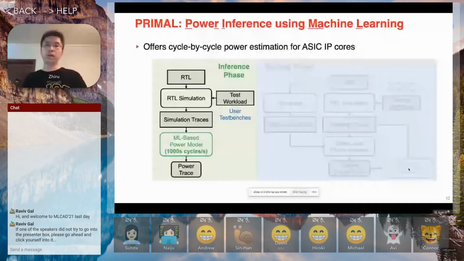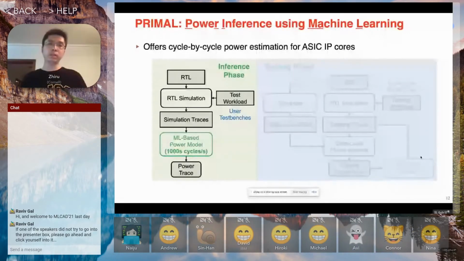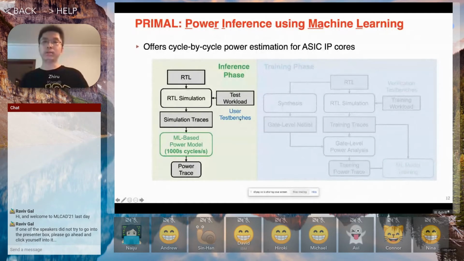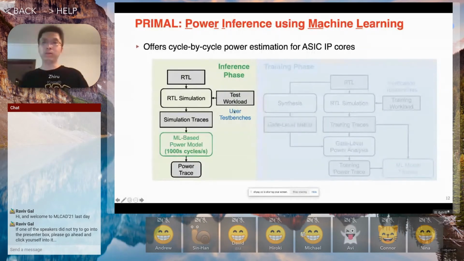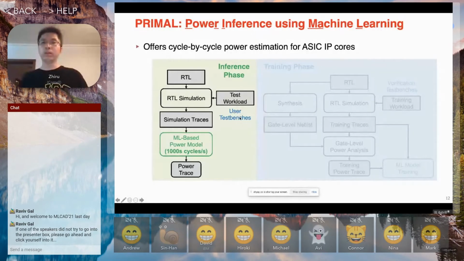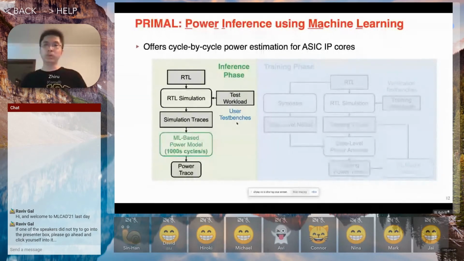Basically, we train the ML model using the gate level estimation, running for a certain number of cycles, but hope that this ML model is accurate enough so that once we run the interesting test benches, we can get accurate power estimates and run for many, many more clock cycles. Hopefully this makes sense. This also gives us a much higher speedup compared to gate level estimation. So this is what we are trying to achieve.